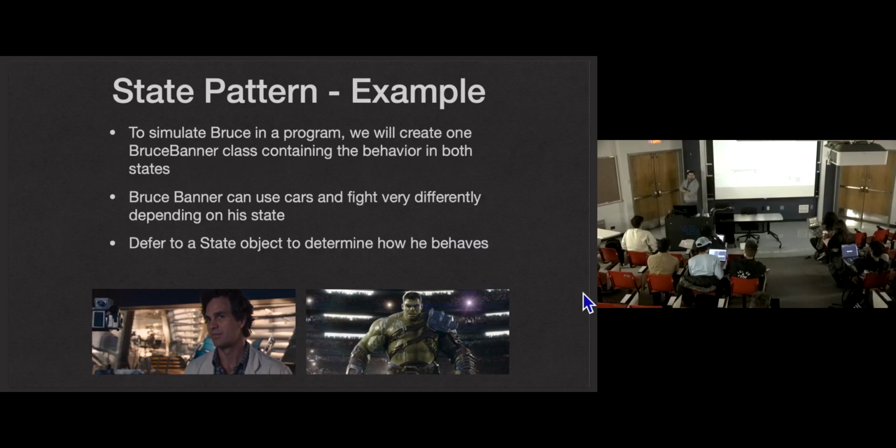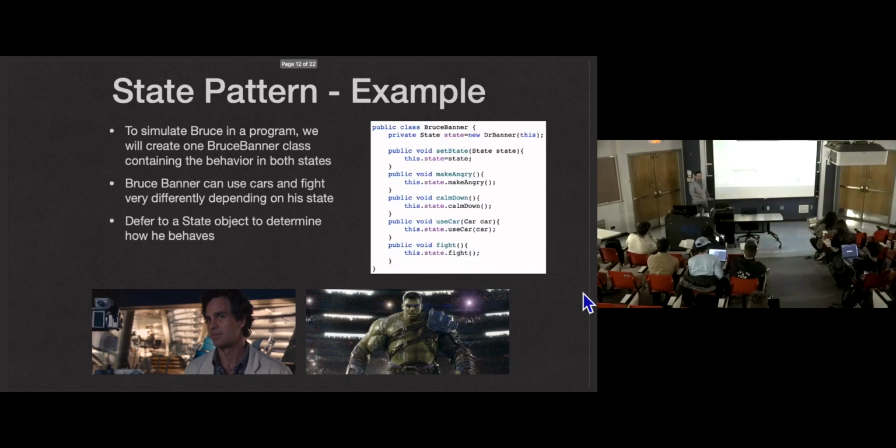We're going to have the Bruce Banner class, who will behave very differently depending on whether he's in the Dr. Banner or Hulk state. And we're going to define the API. I'm going to come up with 4 methods that are going to be the API for Bruce Banner. And that's make angry, calm down, use car, and fight. These are the API methods.